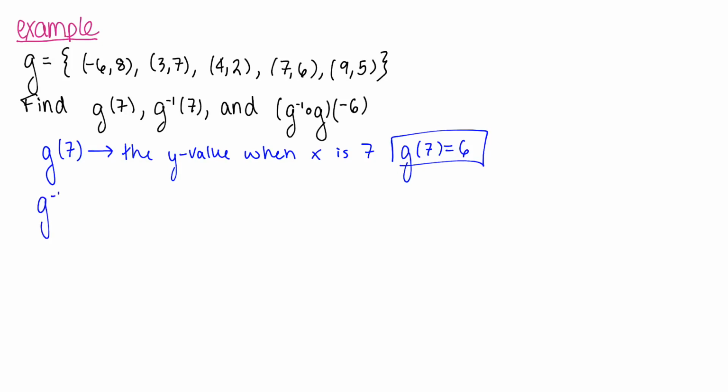Looking at g inverse of 7. The important thing you need to know here is that g inverse takes in y values. So this is y equals 7, and saying g inverse of 7 is saying, give me the x value when the y value is 7.